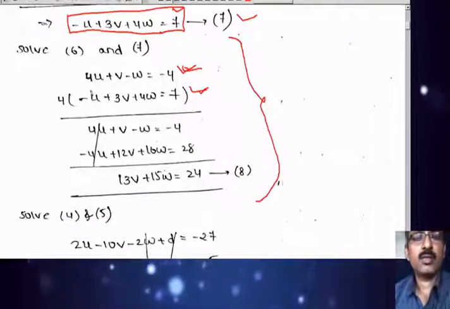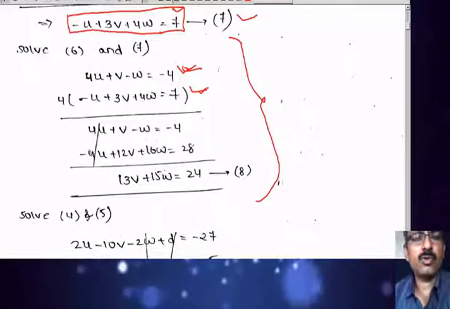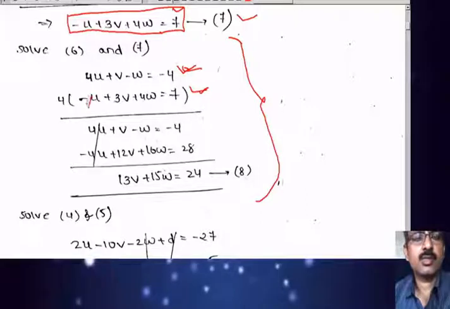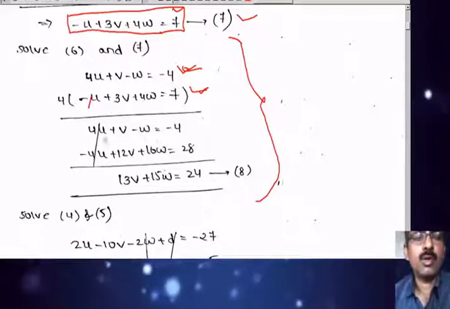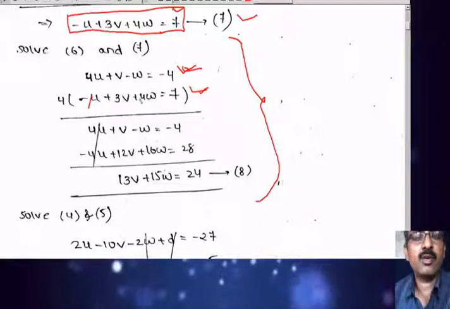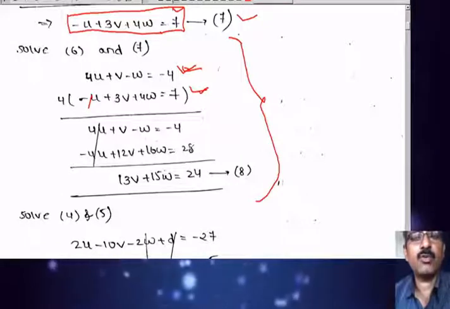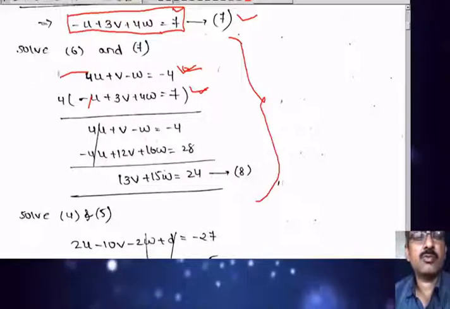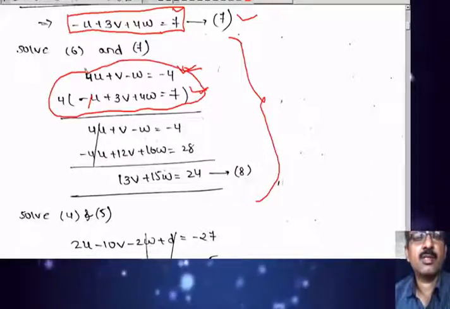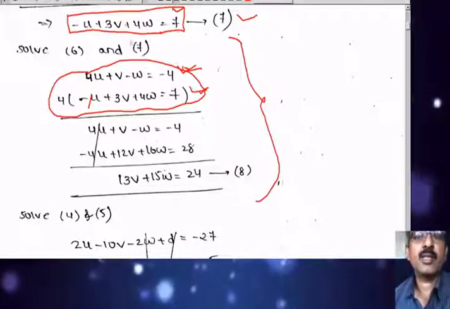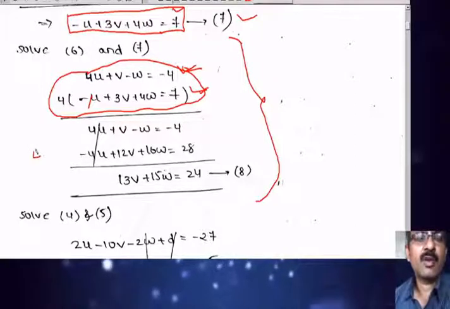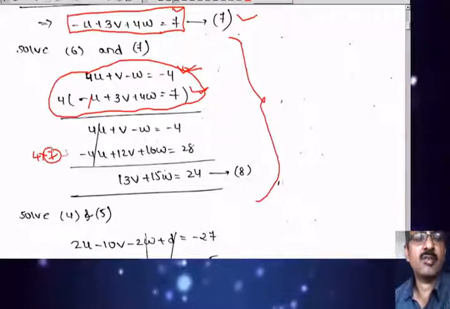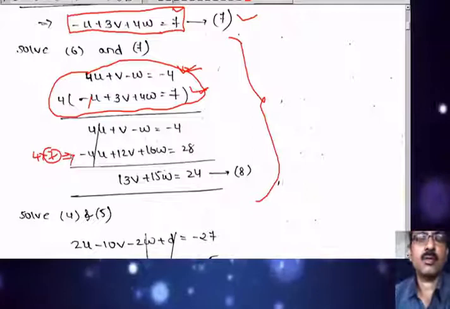We get 4u minus 12v minus 16w equal to 28. Here the first equation is taken as it is. Otherwise we don't require this. Simply multiplying equation 7 by 4, that's all.